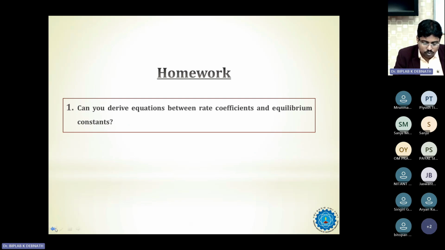So can you find a relation or multiple relations between the reaction rates, either the forward reaction rate or reverse reaction rate, and equilibrium constants? Okay, now for your understanding also, again I am telling, equilibrium constants can be of two types. One may be for molar basis and one for the mass basis. Okay, so this is a homework for you. Try to find out the answer.